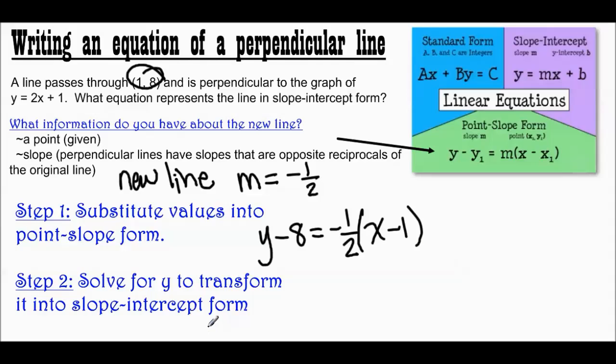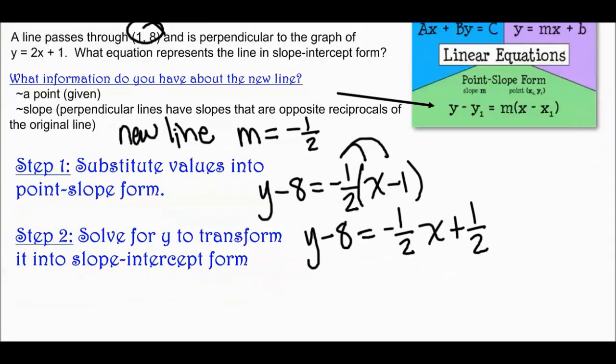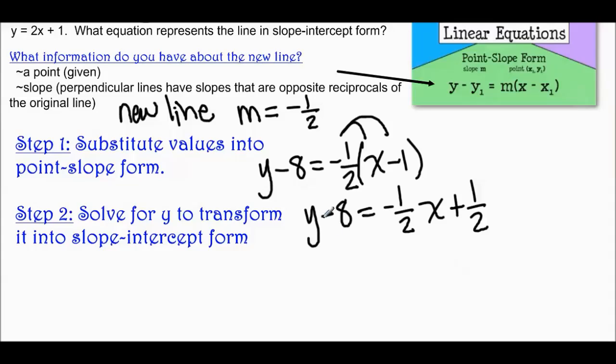So there it is in point-slope form, and we're going to solve for y to transform it into slope-intercept form. That means we're going to distribute that negative 1/2. So y minus 8 equals negative 1/2 x. Negative 1/2 times negative 1 would be positive 1/2. And to isolate y, we're going to undo subtracting 8 by adding 8 to both sides.